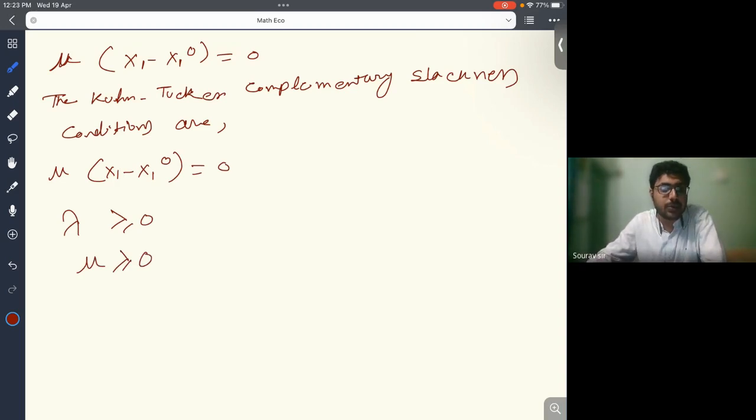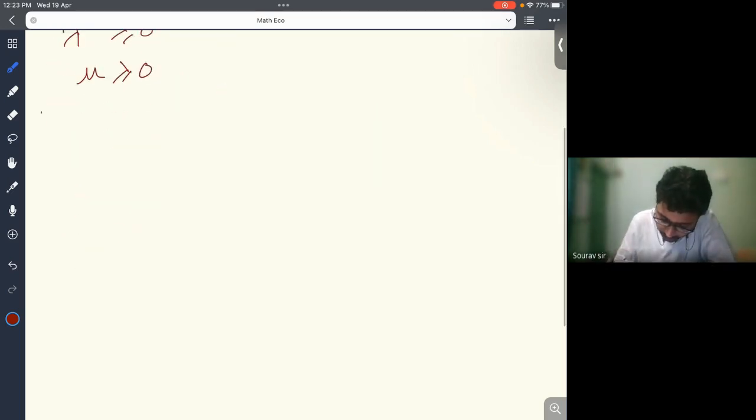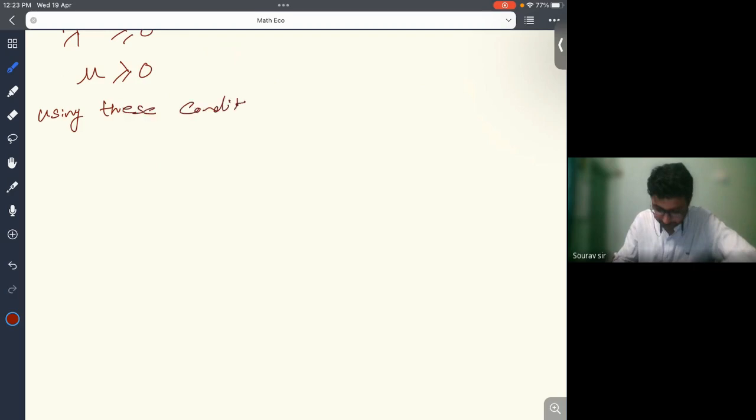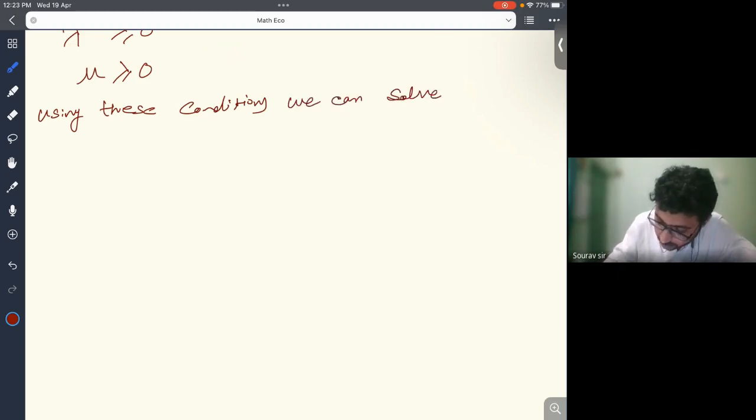Now using these conditions, we can solve the optimal input and the output level, right?